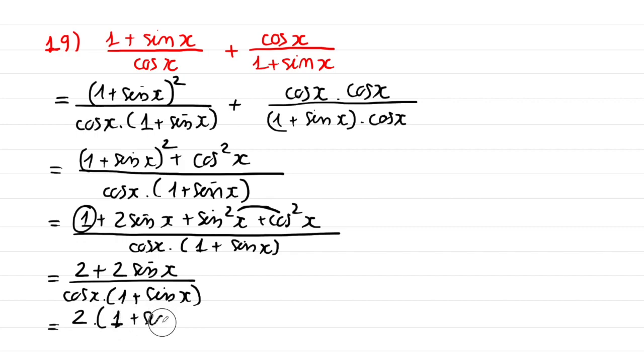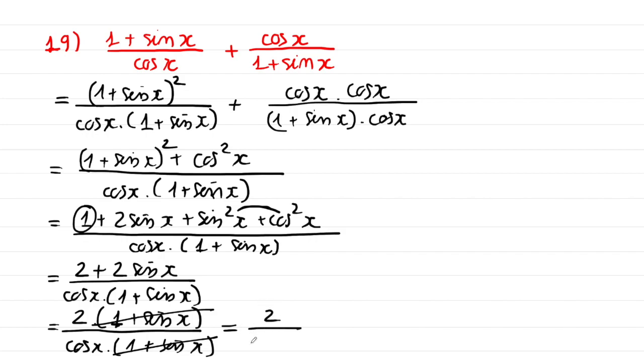The inside bracket is 1 plus sine. So cos times 1 plus sine. They have the same thing in numerator and denominator. Cancel, you got 1 over cos. 2 over cos is my final answer. Okay.